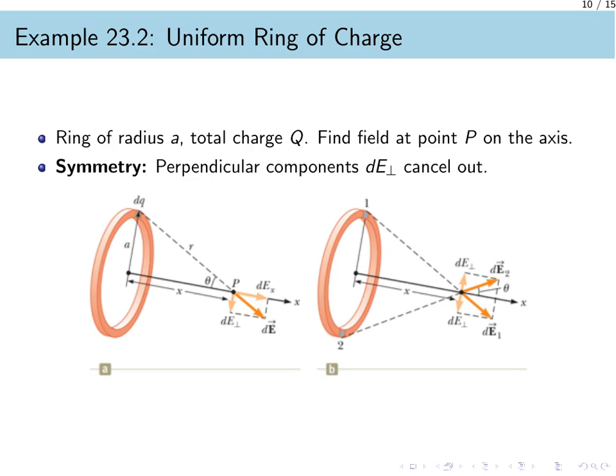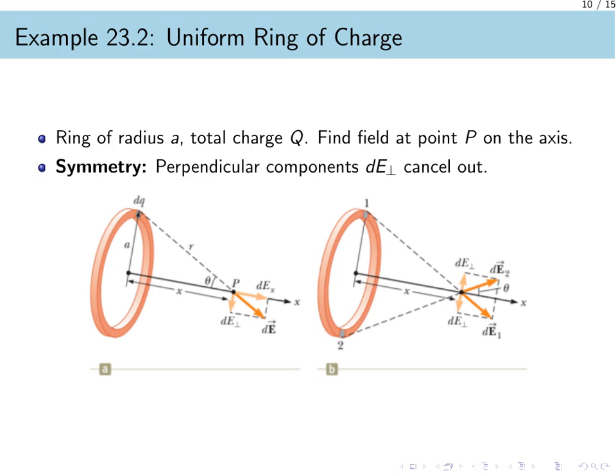We are looking for the electric field at point P, located a distance x from the center along the central perpendicular axis. Symmetry is our best tool here. If we pair up any two charge segments on completely opposite sides of the ring, their electric field components that are perpendicular to the axis point in opposite directions and completely cancel out.